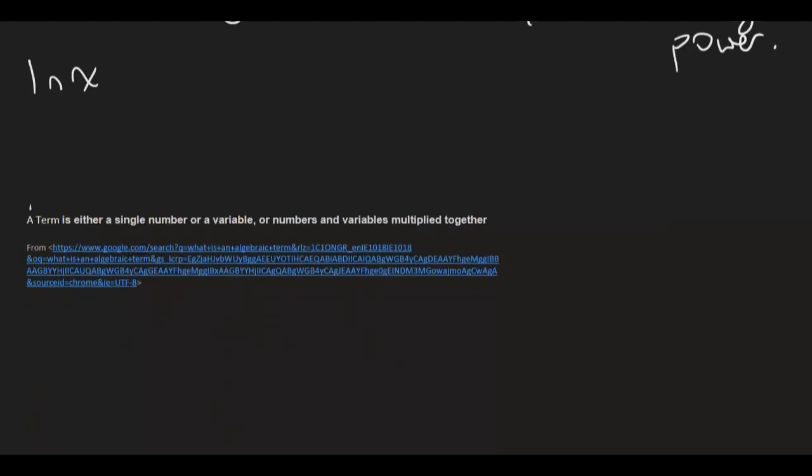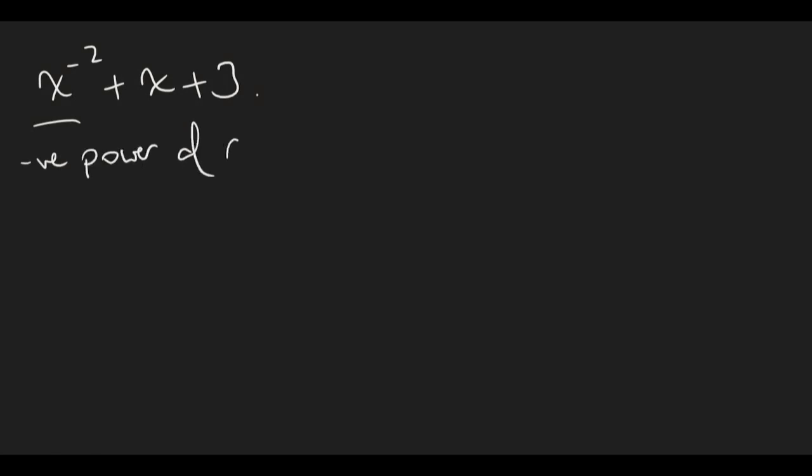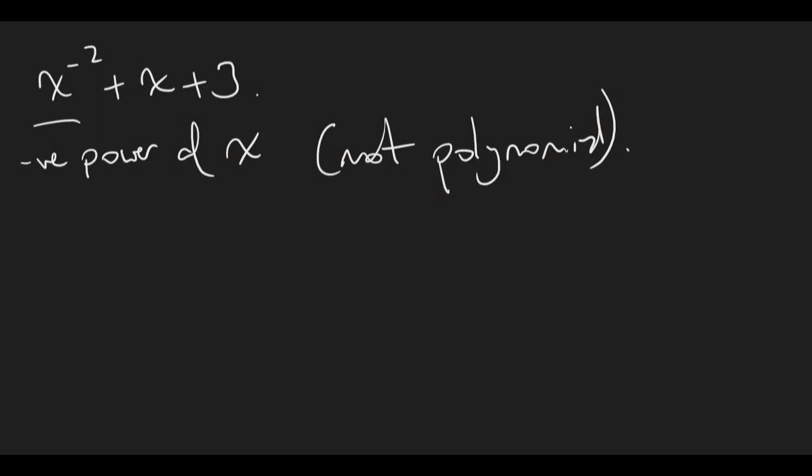So some more non-examples would be x to the minus 2 plus x plus 3, because you've got a negative power of x. So that's not a polynomial, can't be a polynomial. But some polynomials might be hard to spot, like is 3 a polynomial?